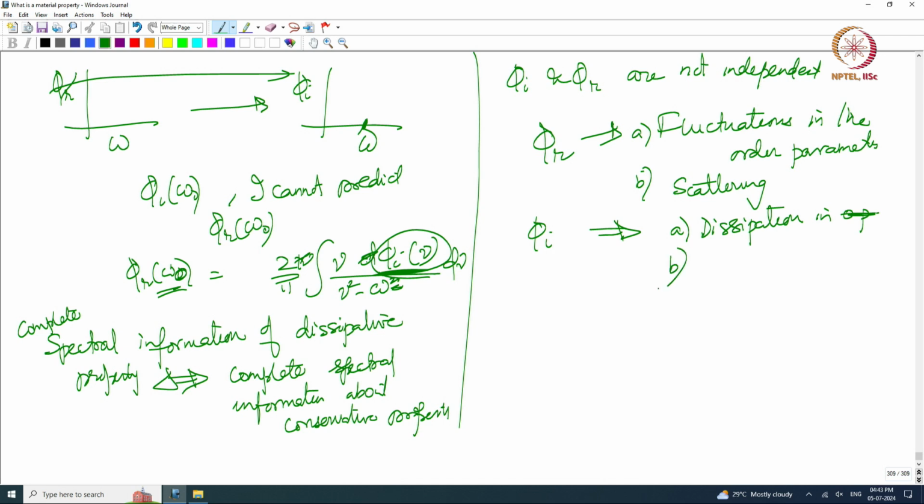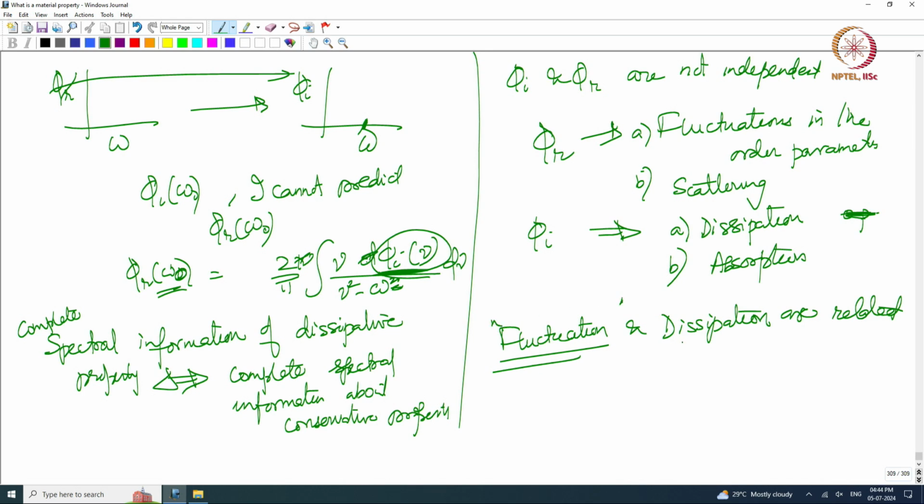If I am talking about light, this is absorption. So, now I am saying that fluctuation and dissipation are one and the same, or are related. If I know the complete spectrum of the fluctuation property, I can predict the dissipative property, and vice versa.